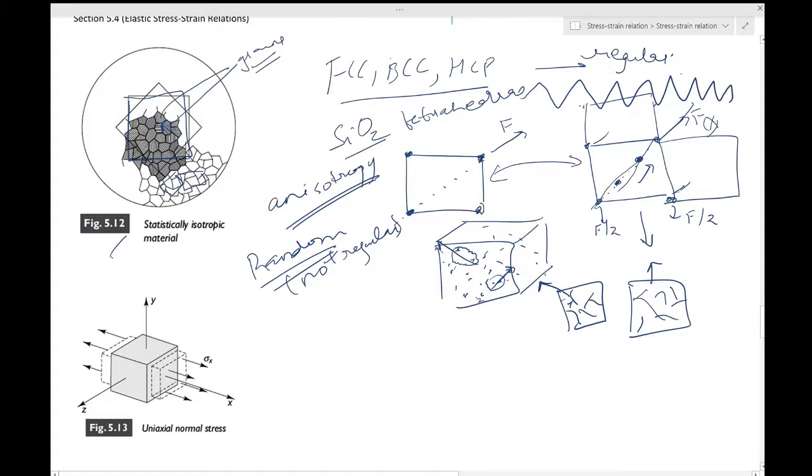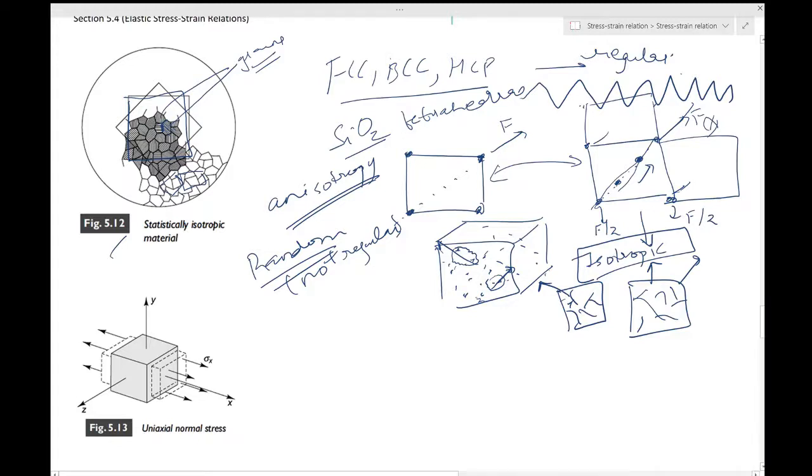The stiffness will come out to be the same no matter in which direction you apply your force. So this is called isotropic behavior, when there is no difference in the mechanical behavior of a solid along various directions. This is how you can macroscopically understand it from the ideas of material science.